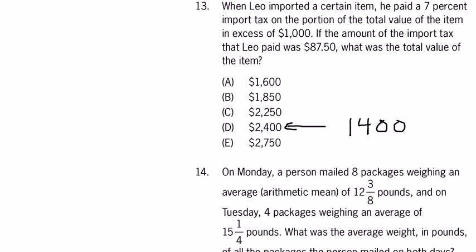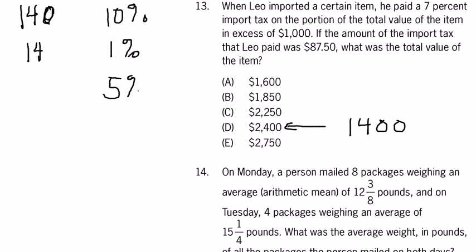The idea is that starting with 1,400, to get 10%, we can just move the decimal, and that's really just 140. And then to get 1%, we move the decimal one more time to get 14. For example, we could get 5% by taking half of 10% to get 70.